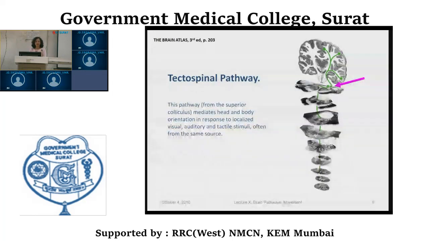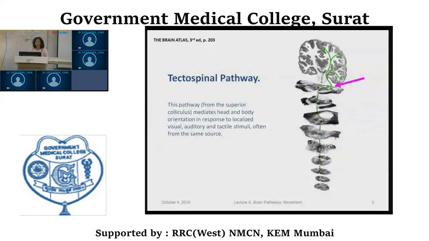The main function of the tectospinal pathway is to control the contralateral head movement with respect to visual stimuli. Whenever there is a visual stimulus, the reaction to it and the movement of the head to the contralateral side is controlled by the tectospinal pathway.